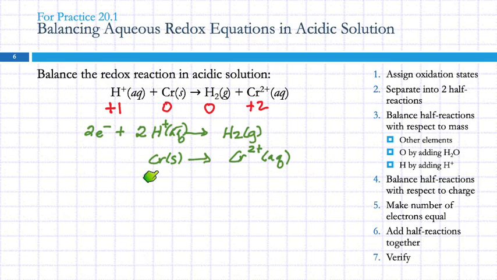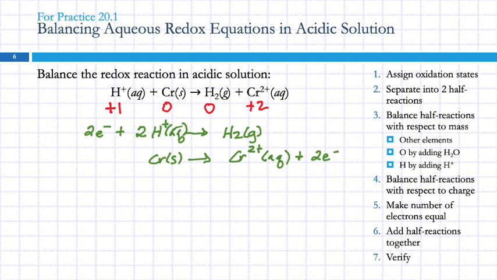And then down here, I have positive charge on the right and neutral on the left. So I'm going to need to add my electrons over here. I added 2 because of this +2 charge, so that these charges are going to add up to the same as the charge on the other side. Okay?